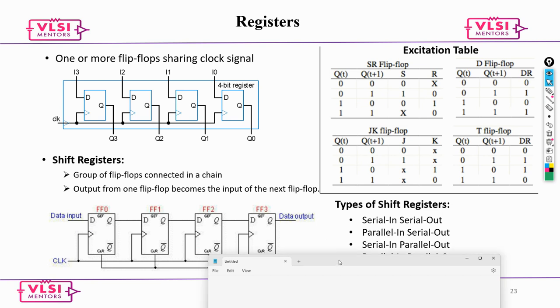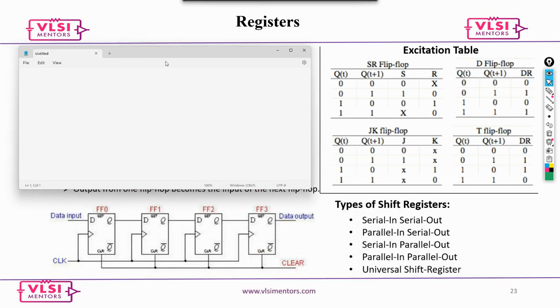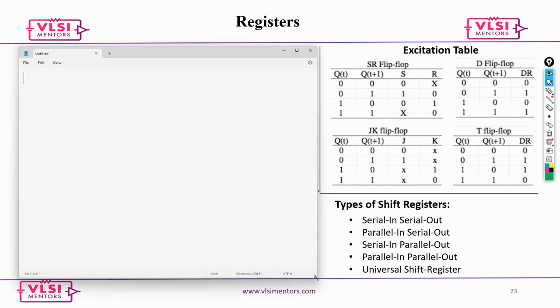Now, what are the different flops that you are aware of? We basically have four different flops. One is the SR flop, next is the JK flop, then we also have the D flop, and the last one is the T flop.